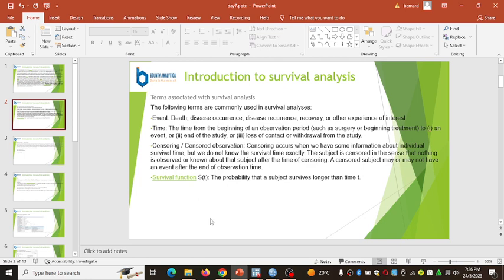Yeah. So survival analysis is a statistical method that we use to analyze the time to a particular event, where the focus is on the time until that event of interest occurs.